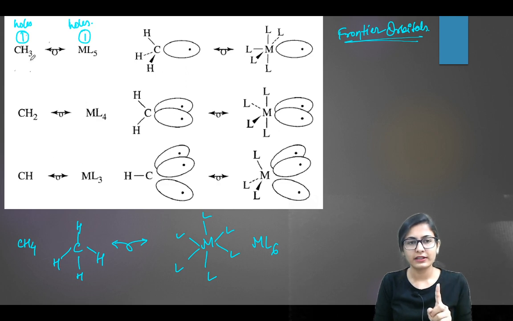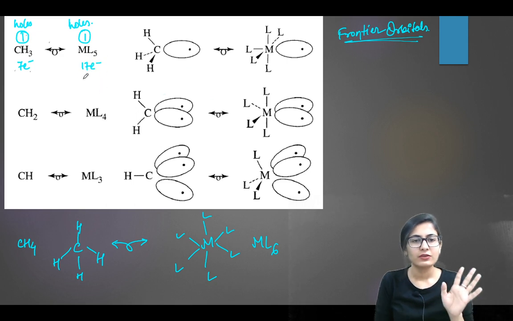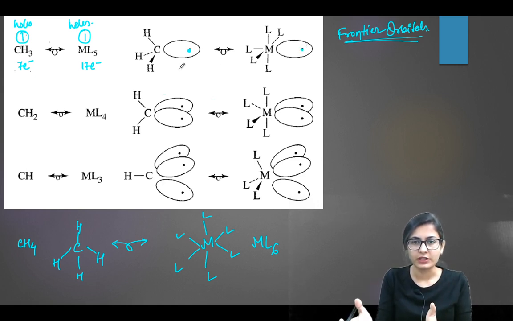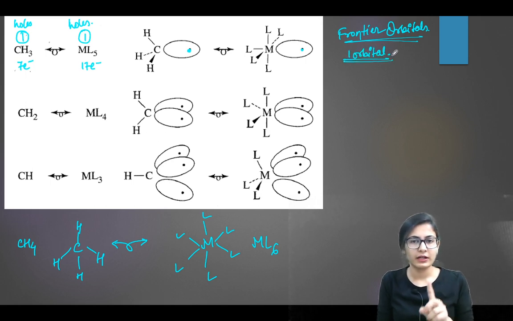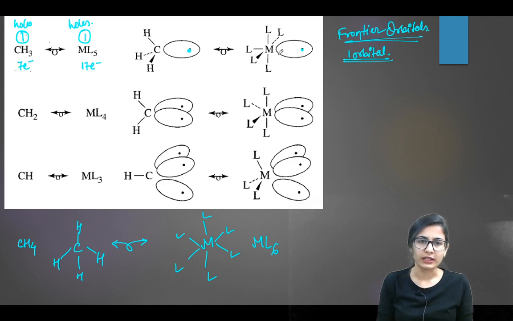CH3 is only one electron short, having 7 electrons. ML5 has 17 electrons. So that one odd electron stays in one of the orbitals in this manner, bringing forward only one orbital for bonding in both of them, and hence they are isolobal based on the frontier orbital also.